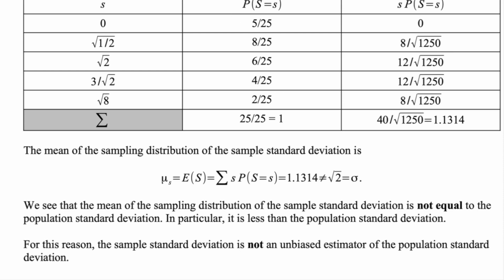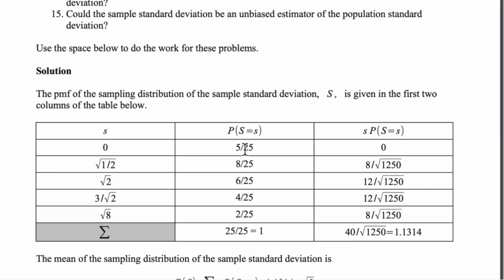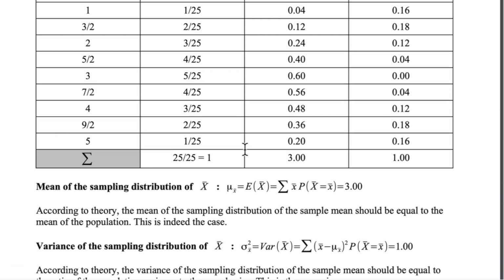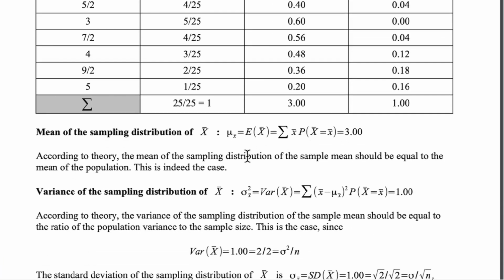That is in contrast to the sample mean being an unbiased estimator for the population mean. That's the case because the mean of the sampling distribution of X bar is equal to the mean of the population we're sampling from.